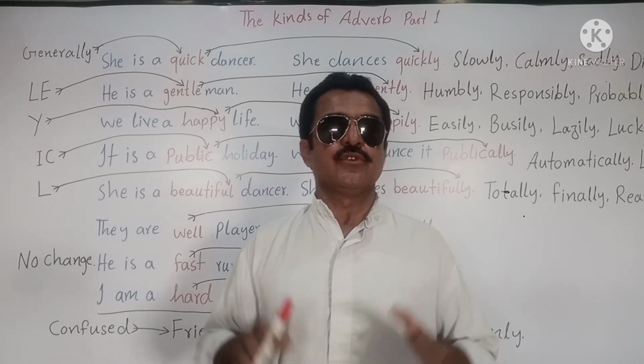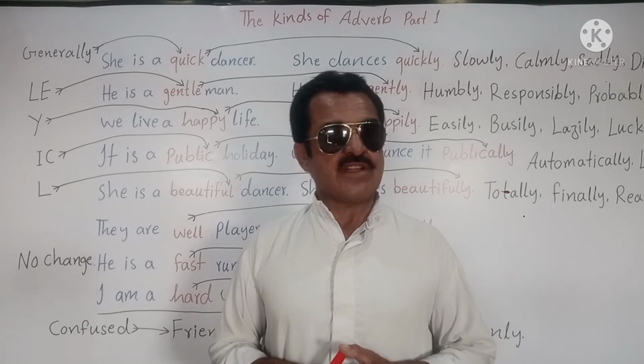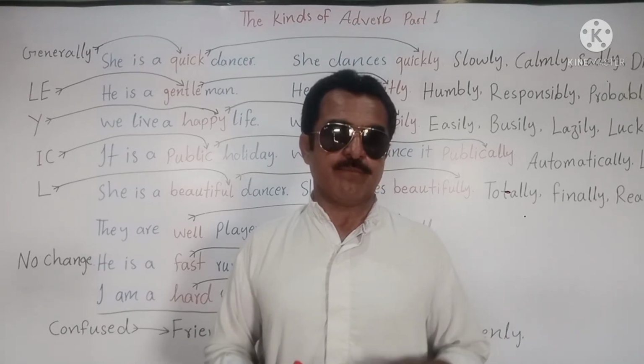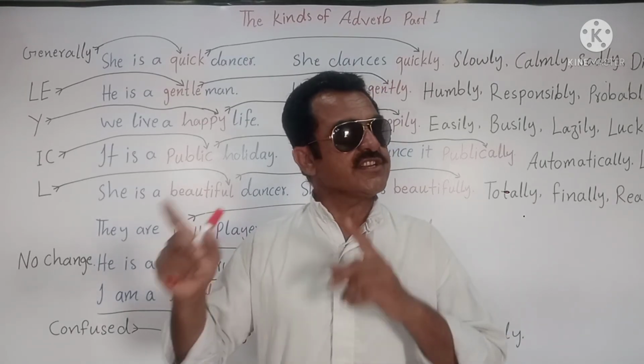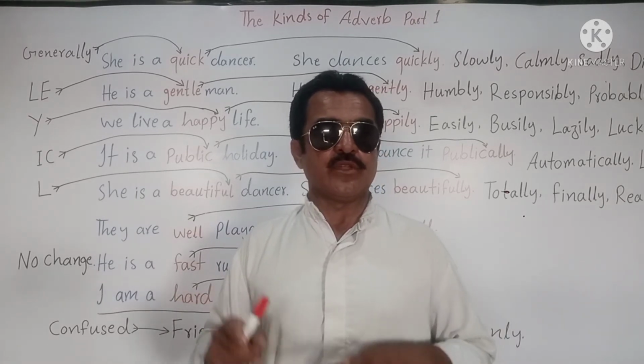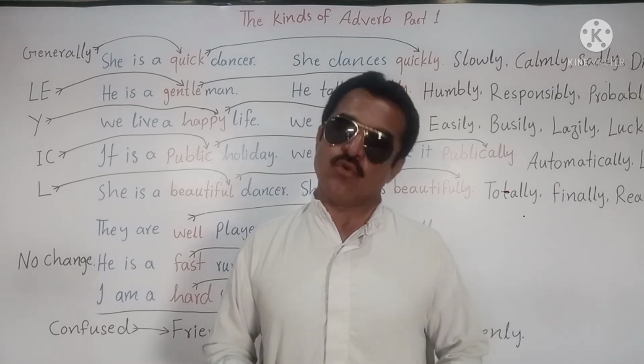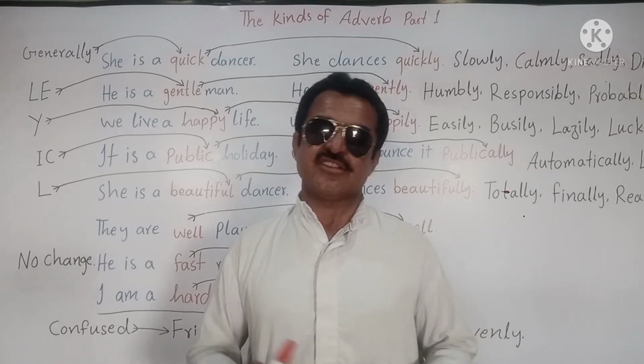So of course, mostly it is like that. But sometimes it does not hold water. Remember this. Mostly it is like that: a word with ly is an adverb, but sometimes it does not hold water, means it does not work like that.